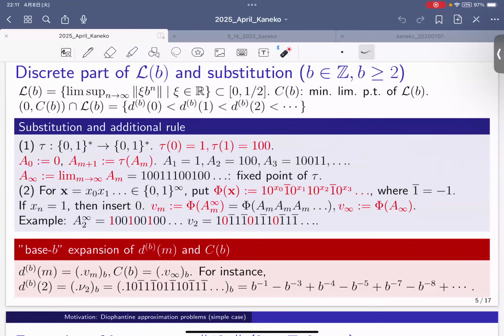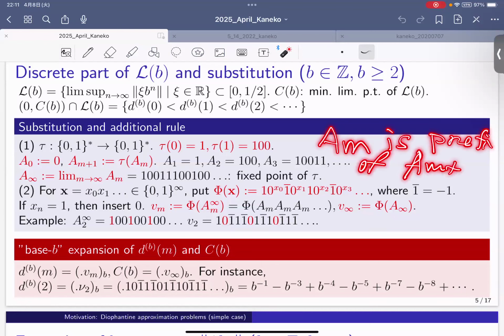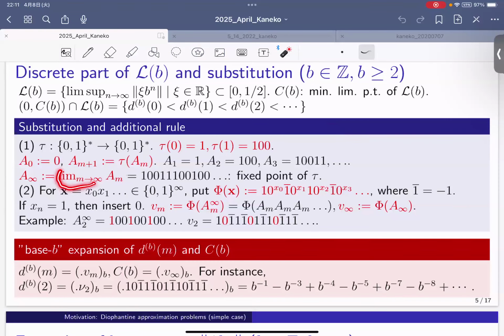You know that this converges because A_m is a prefix of A_{m+1}. So this sequence converges to a certain infinite sequence, and this is a fixed point of this tau.